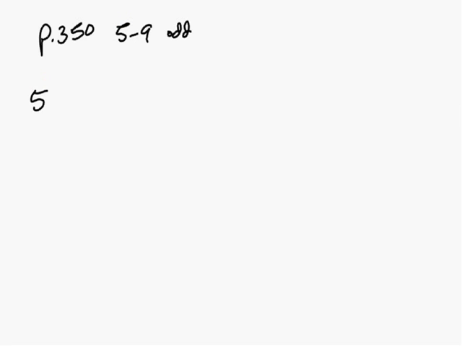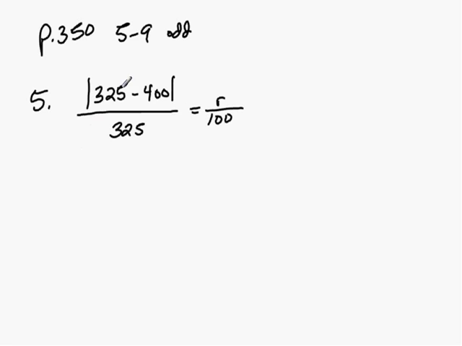Alright, number 5. The original price is $325. The new is $400. Putting that over the original, equals R over 100. 325 minus 400 is 75. Remember, we're doing absolute value, so it's going to be positive, equals R over 100.